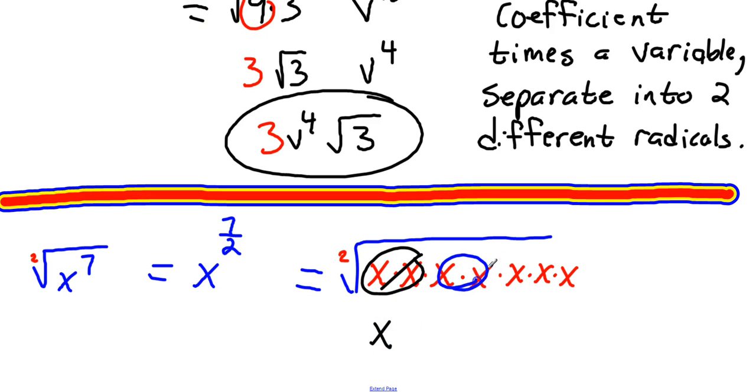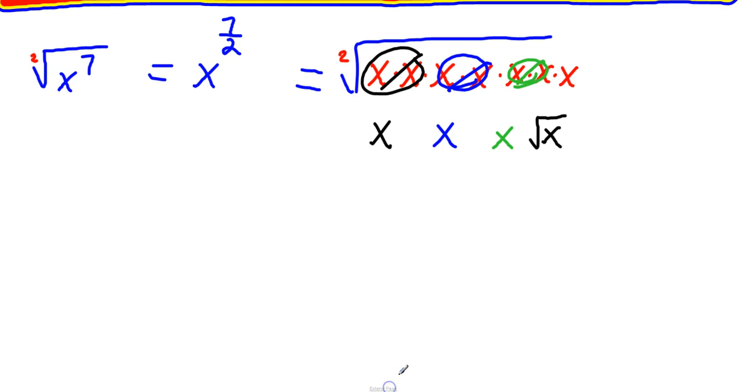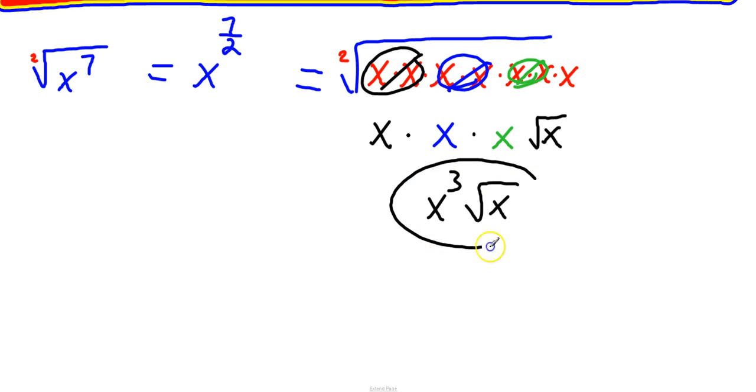There's another x that we can take out. And there's another x you can take out. And then at the end, we've got this 1x that was inside the square root by itself. So we've got x times x times x. So that would make it x to the 3rd with 1x left on the inside.